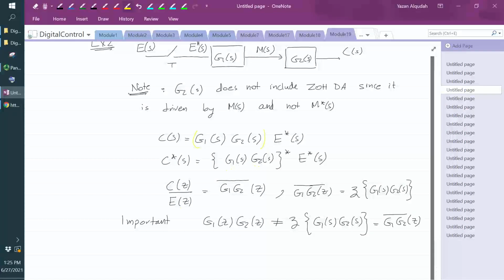So this symbol here, the bar above G1 and G2, means the Z transform of G1 multiplied by G2. After we multiply them, we take the Z transform. And this is not equal to G1 of Z multiplied by G2 of Z.